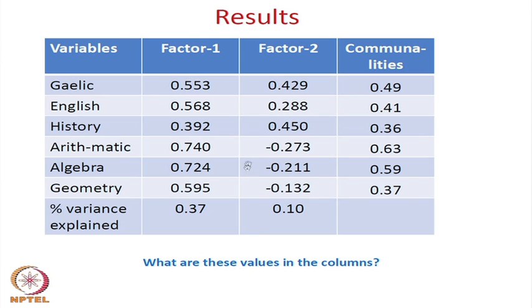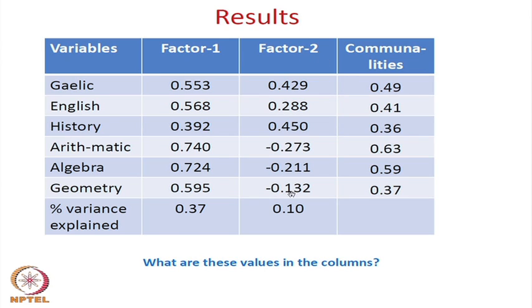And if you sum up the squares of these values across the rows for a particular column, you will be getting the eigenvalue, not the lambda value, we are talking about the q value here.